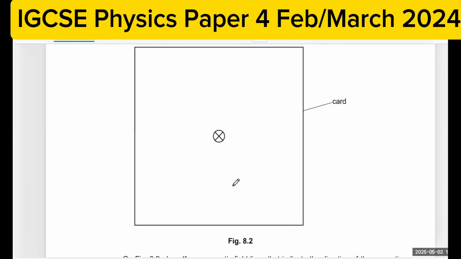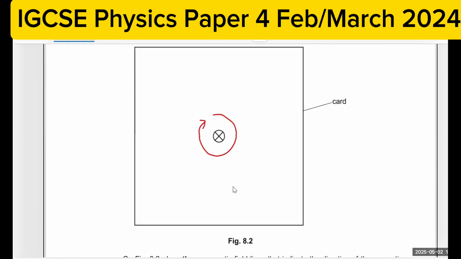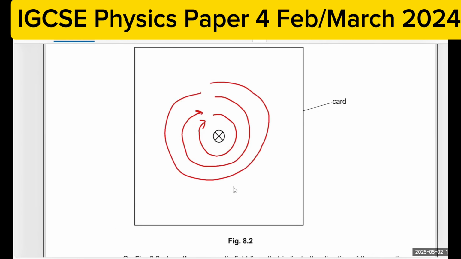So when I set my hand in the direction of the current, the curling fingers indicate the clockwise direction, like this. So in the clockwise direction, you can complete the circles as they are. Three concentric circles you draw.